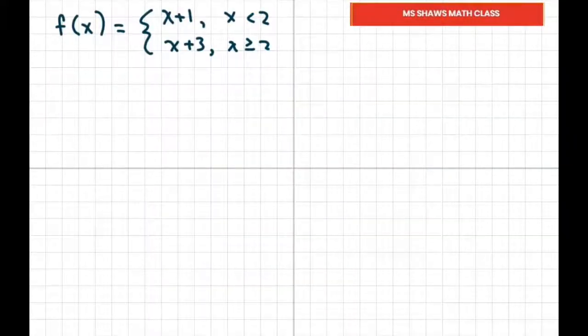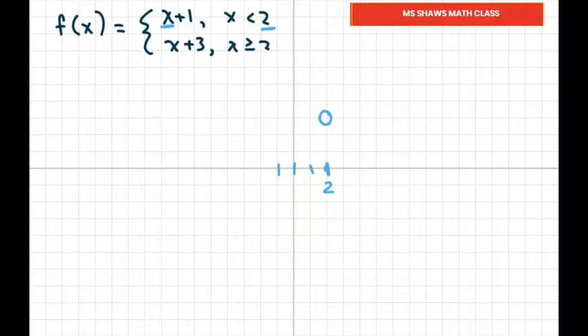All right, and we can graph it and we're going to see why it's discontinuous. So here it is. Our main point here is 2 on x. What it means by the left of 2 is these numbers in here. So you plug in the 2 in here as we did previously, and 2 plus 1 is 3. So you go up to 3, but it's an open circle there because it can't equal 2.